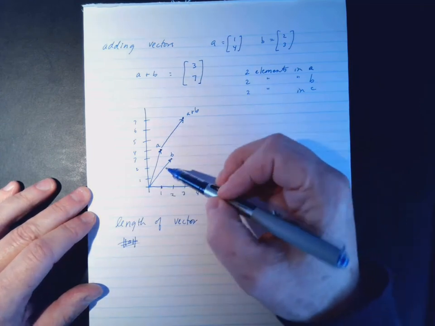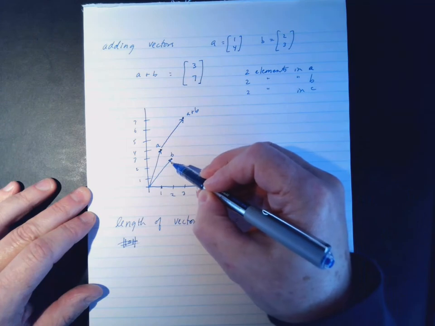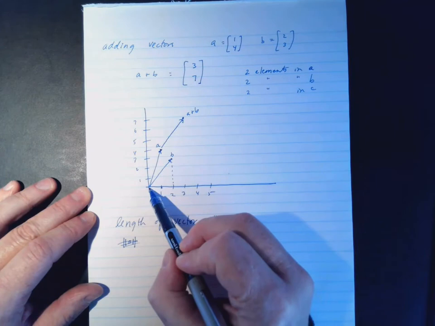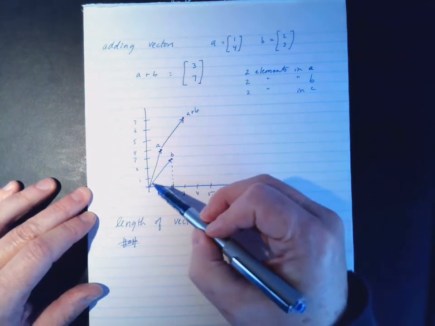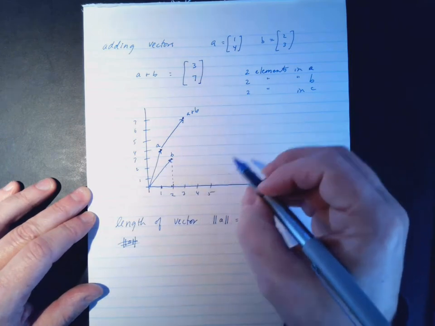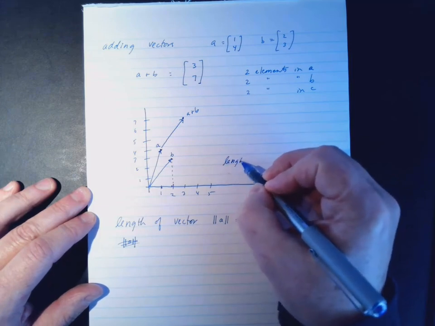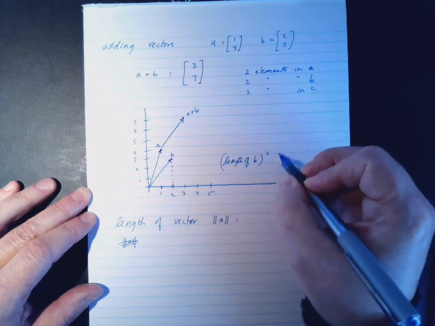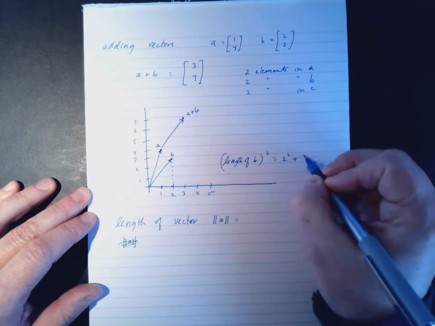So you remember the length, if this vector here is thought of as the hypotenuse of a triangle, and so this is one of the sides of the triangle, and this is the other side of the triangle, the length here is going to be determined by length of b squared equals 2 squared plus 3 squared.